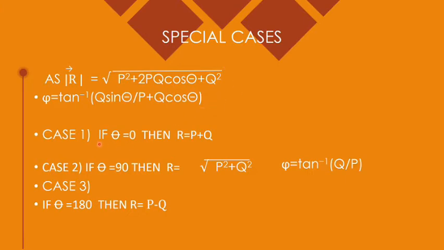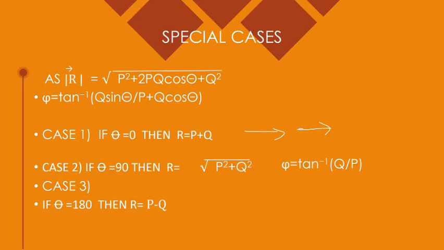Now my first case is if theta is 0, it means p and q both are acting along the same line. P and q are acting along the same line, then in that case theta is 0.